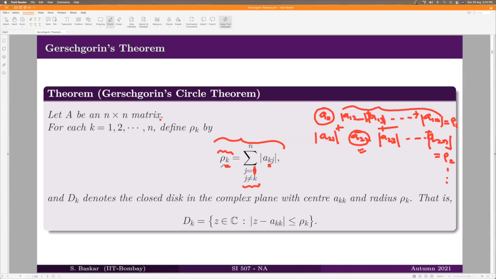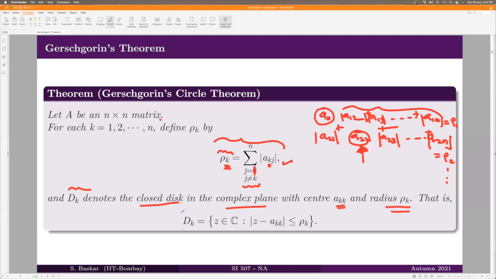Now, we will consider this as the radius of one typical disk that we spoke of. So, let Dk denote the closed disk in the complex plane with center at the diagonal element akk and radius rho k, which we denoted here.